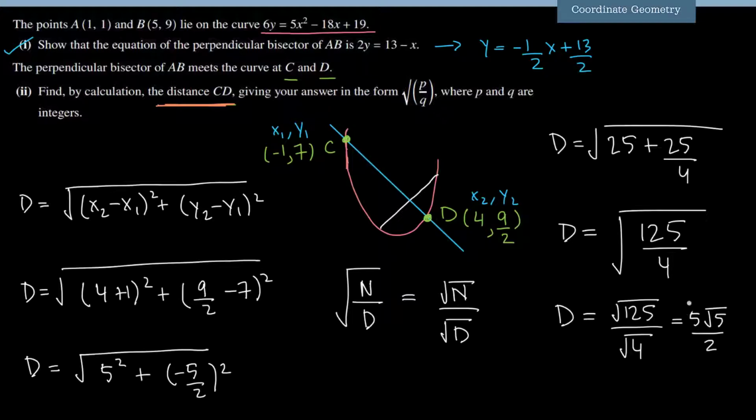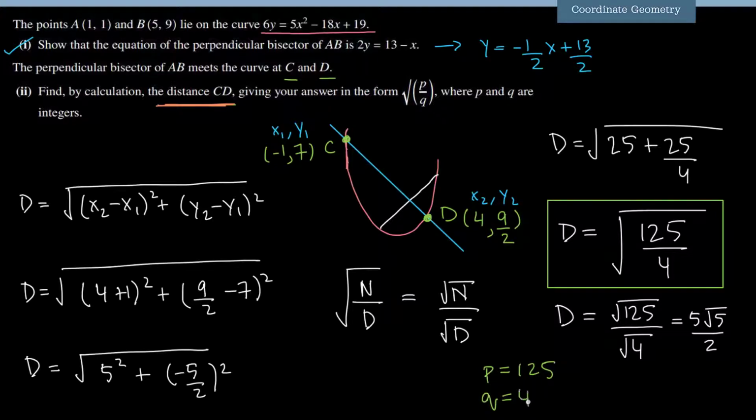So this is the distance between points C and D. But since in the question it was asked to find the answer in the form of square root p upon q, I can leave my answer in this form, where the value of p is 125 and the value of q is 4. This is my answer.